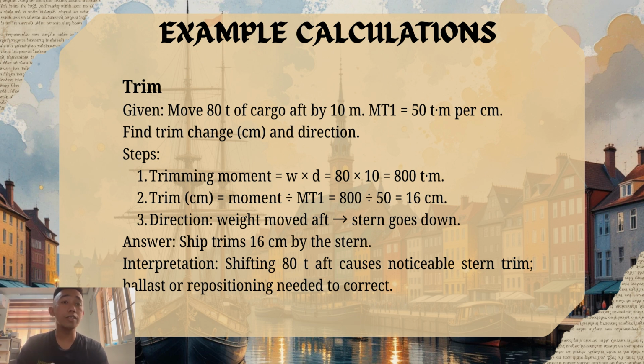Trim calculation involves a trimming moment, the result of weight being added or moved, which is then divided by the ship's MCTC moment to change trim by 1 cm or 1 inch. To determine the change of trim, this change is used to find the final draft of the ship. So, ayun po ang example ng paano mag-calculate of trim po.